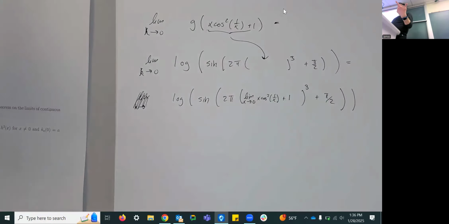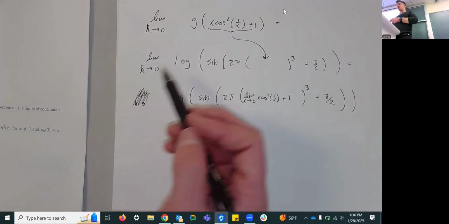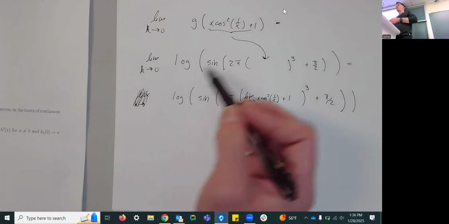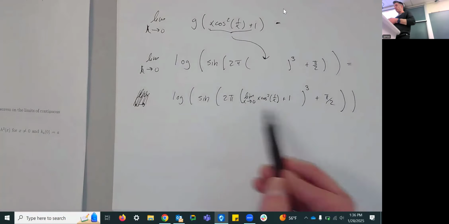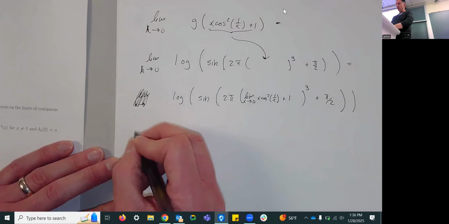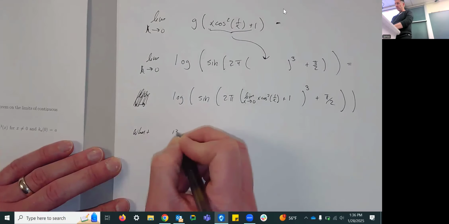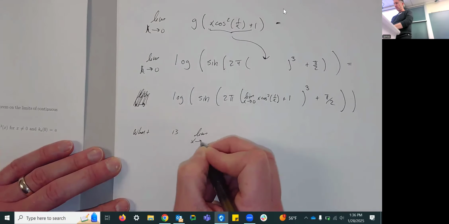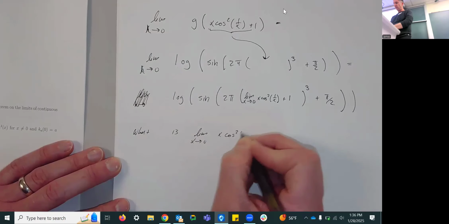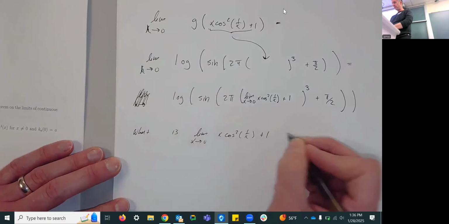That's what he wants you to do: as long as it's the limit of a continuous function, that limit can pass through to the inside part, and we can take the limit of this part. So then we just need to know, great, what is the limit as x approaches 0 of x cosine squared of 1 over x plus 1?